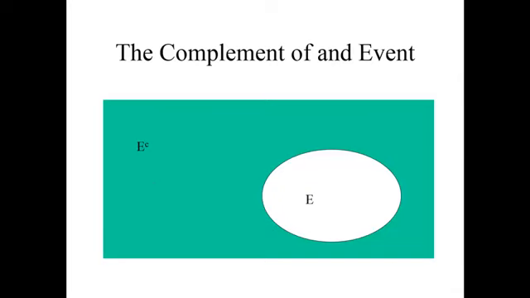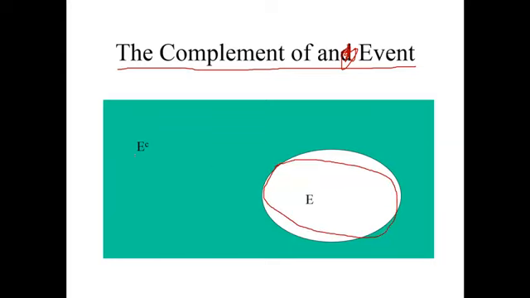Now we want to talk about the complement of an event. If this is an event E, the complement is just everything that's left over. It's like you take a cookie cutter and cut this part out.